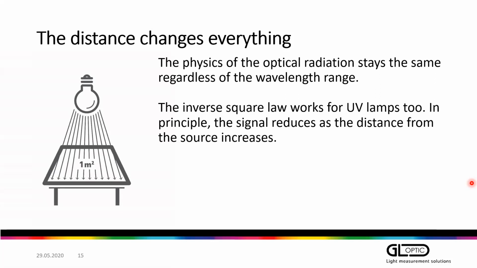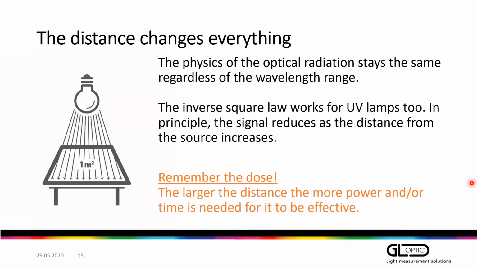The farther you are from your source, the smaller the signal level. You have to remember the dose, because this is critical for disinfection purposes. So when you are designing the lamp or you are making your measurements, you have to remember that the distance is going to change the readings.